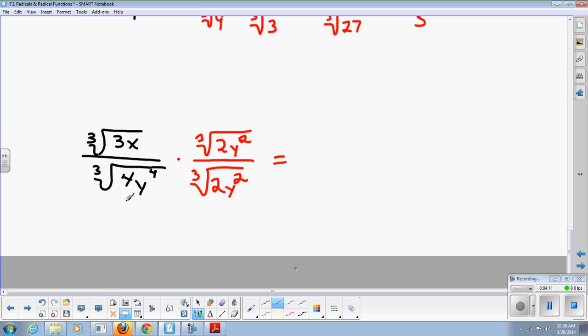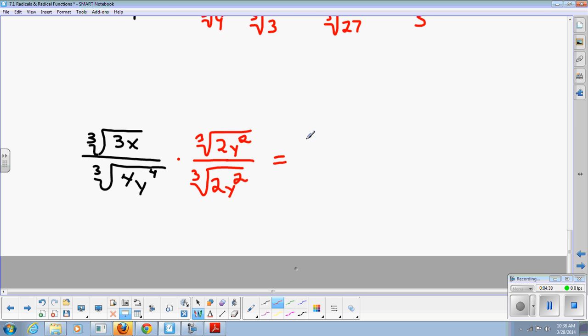Again, for the number part, look at your perfect cube list. What can I multiply the number by to get a perfect cube? Then I look at my variable, and I want to make sure my exponent is a multiple of the root that I'm after. So I'm after multiples of 3 here. I think of 4, 5, and then 6. So I have to multiply y to the 4th times y squared, because 4 plus 2 gives me 6.